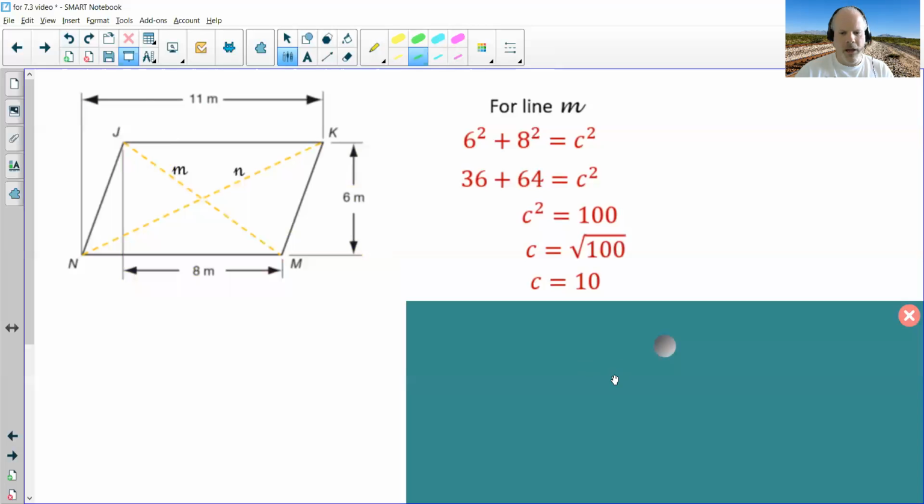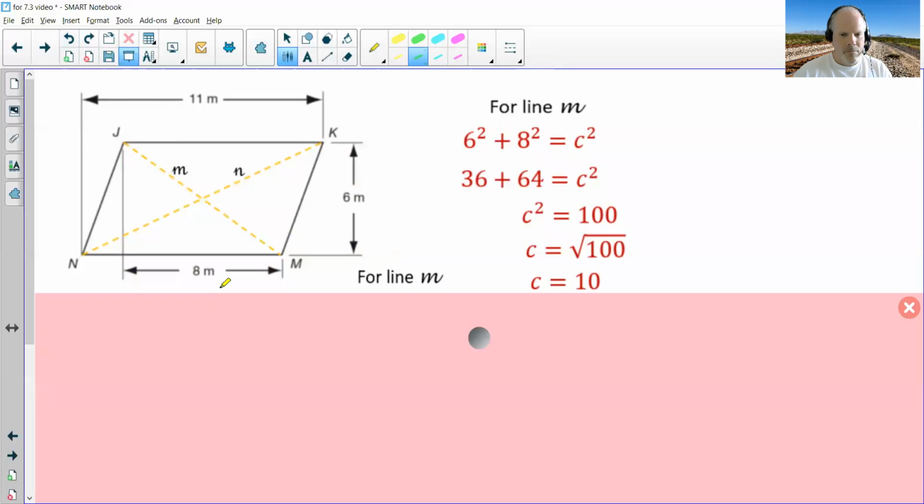Okay, so now let's look at the other diagonal. The other diagonal is n, as shown on the diagram.